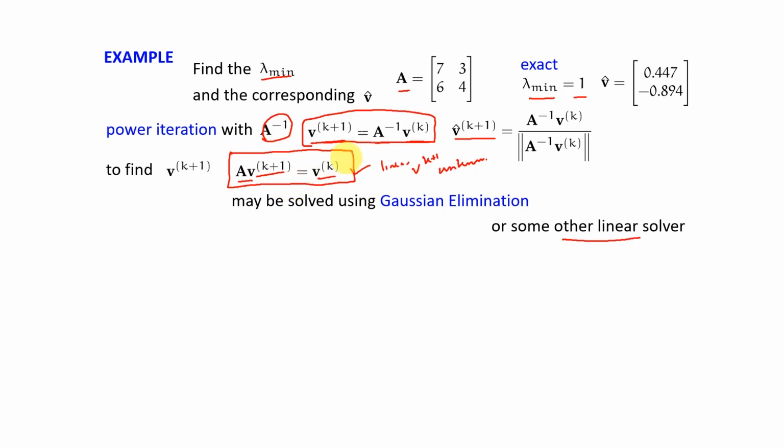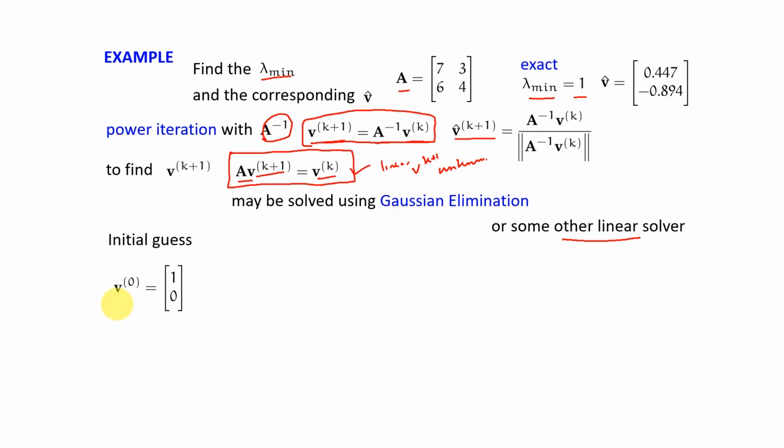Now I don't have to get the A inverse explicitly, rather I solve this equation. The idea is that this is the equation I have to solve in every iteration. I don't solve it just once until convergence; every iteration I have to solve it.